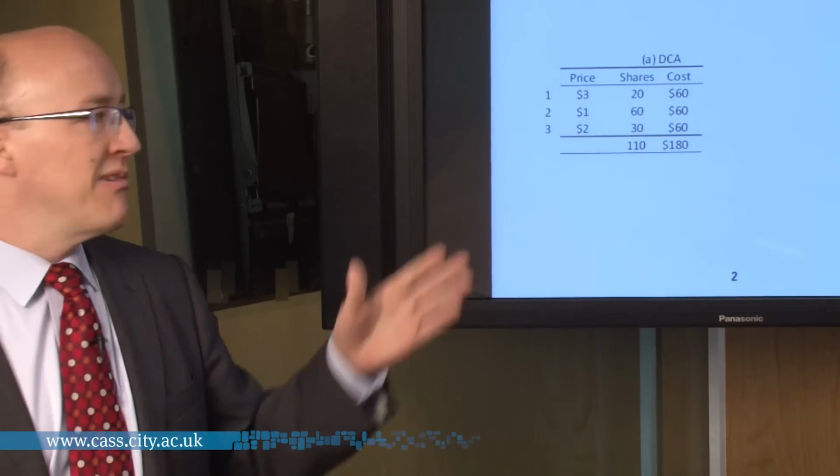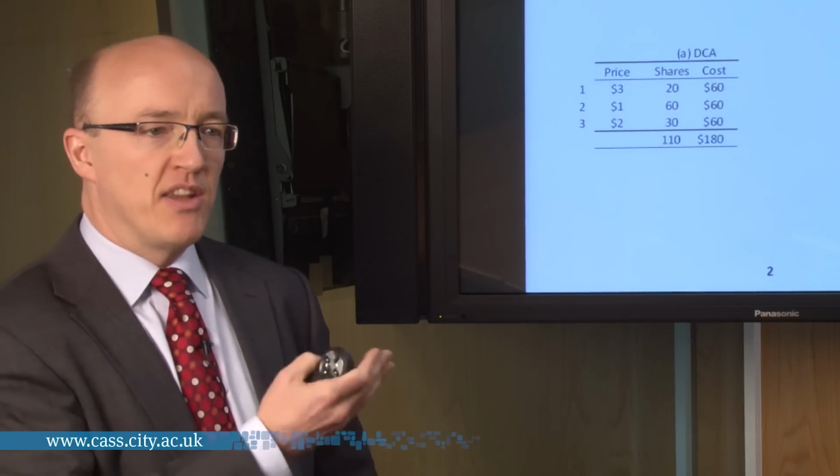So, first period, we're investing $60, we buy 20 shares. The second period, the price falls dramatically to $1. And the key is that the dollar cost averaging strategy will automatically buy a lot more shares that period just because they're cheaper. It's investing the same cash amount, $60, but that period it will buy 60 shares.